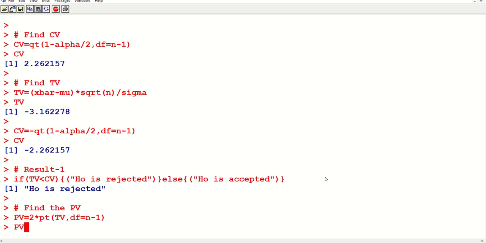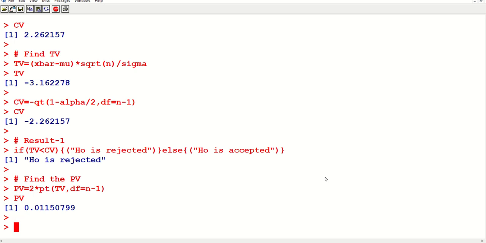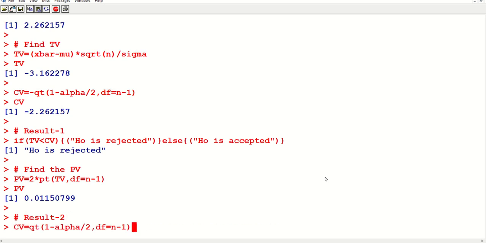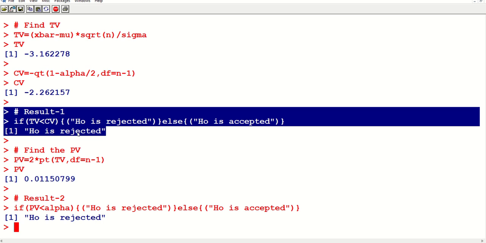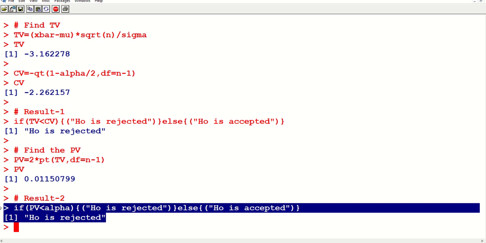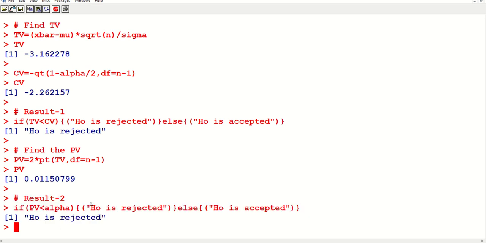If you check, this is the P value. Now you can do the result too, between the P value and the alpha. So H naught is rejected if you are comparing TV and CV, and here also rejected if you are comparing P value and alpha. Okay, so this is how we can do the testing of hypothesis for different.